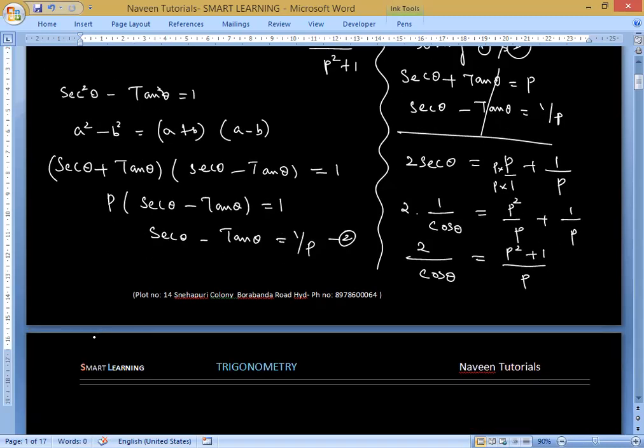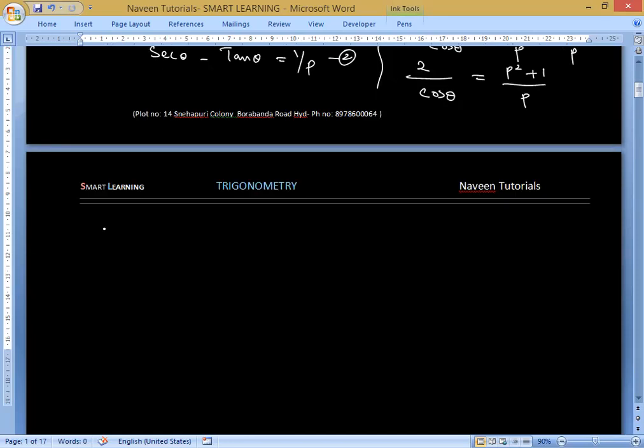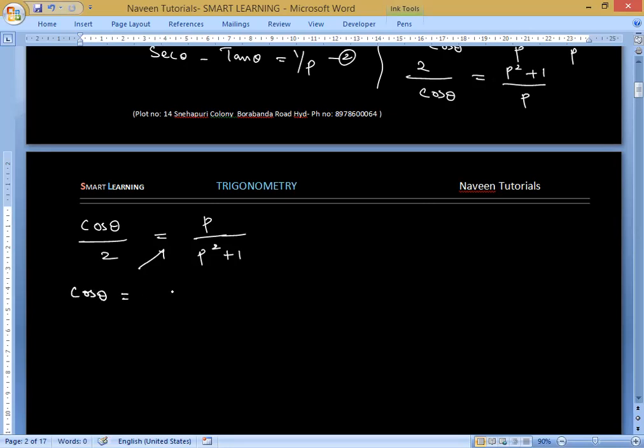Now I am reversing both LHS and RHS. Then cos theta by 2 is equal to P by (P square plus 1). Then I'll cross multiply 2. Then cos theta is equal to 2P by (P square plus 1).